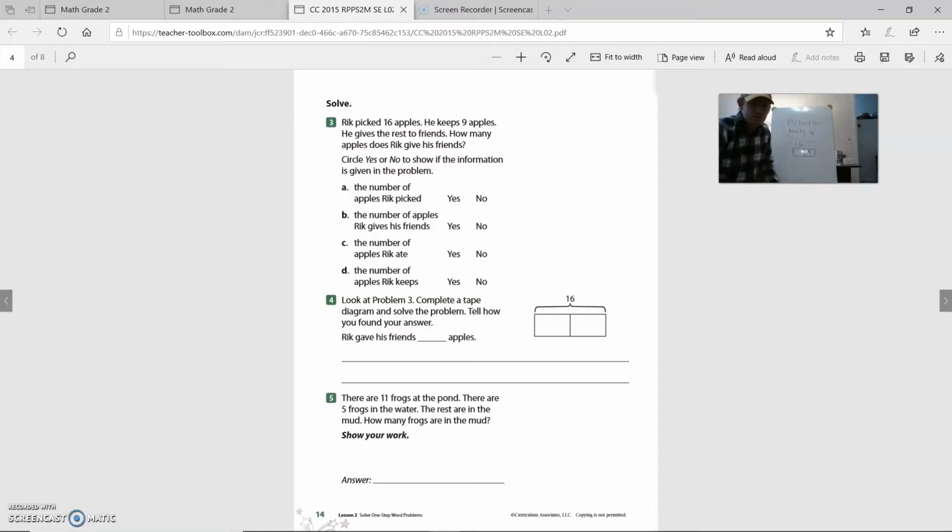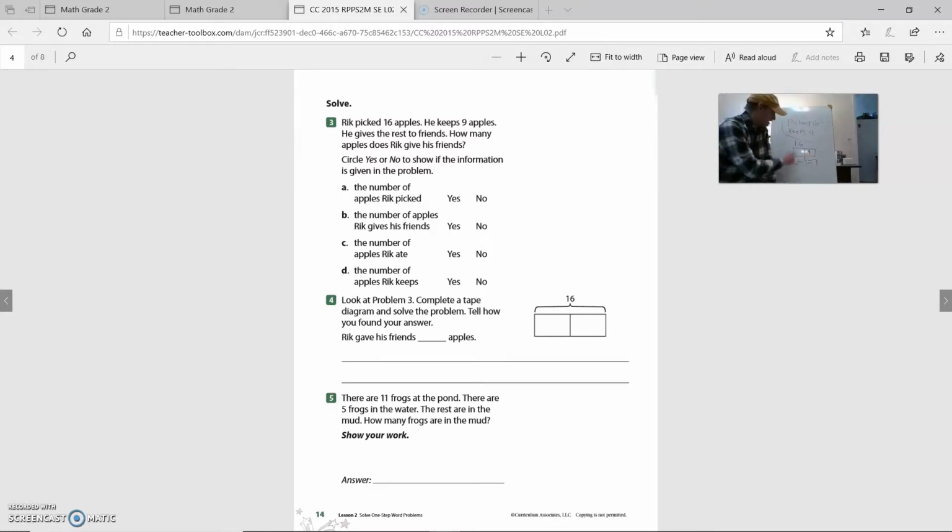I think we're ready to go straight into our number sentence. So for our number sentence, we know that we have 16. We're giving away 9 apples. And what do we have left? Well, you can count, but 16 minus 9 is 7.